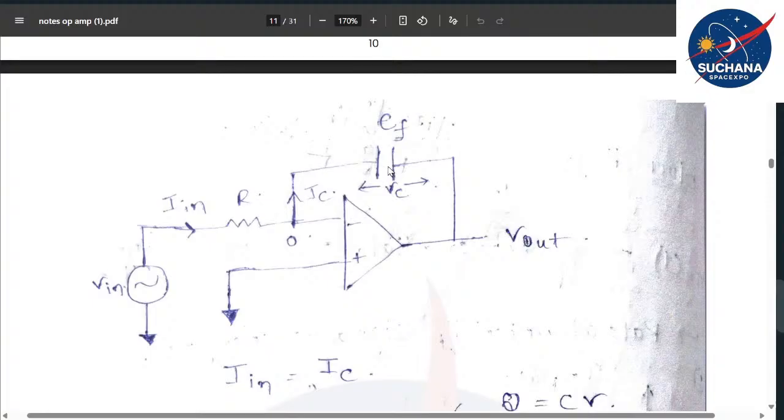The other plate of the capacitor is tied to V out, so the voltage at this terminal is V out. So the potential across the capacitor is 0 minus V out.